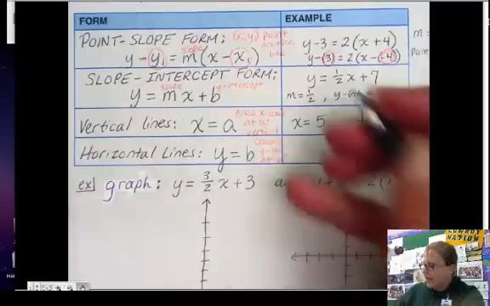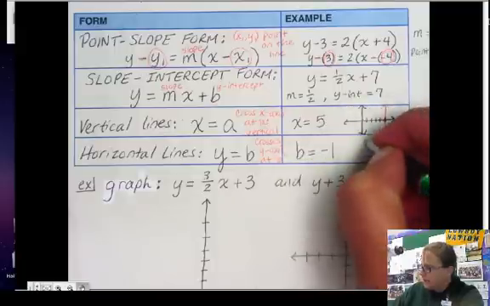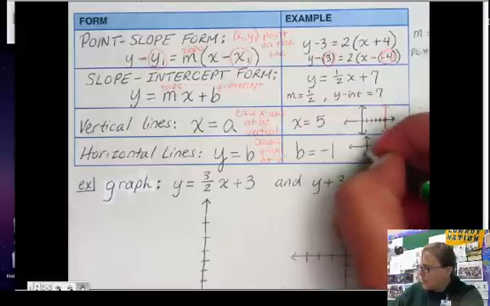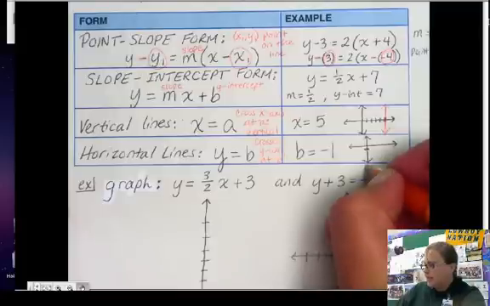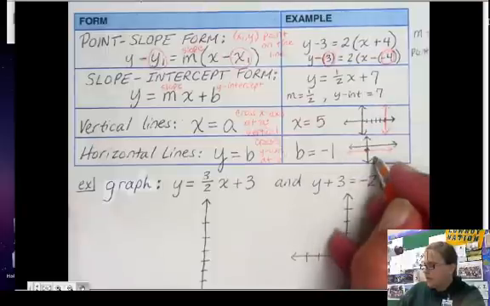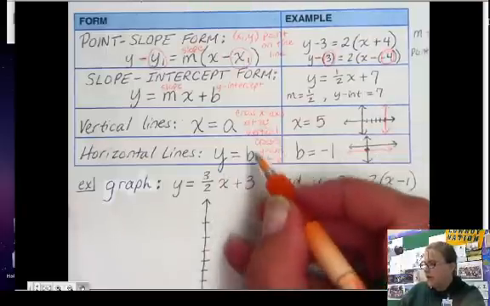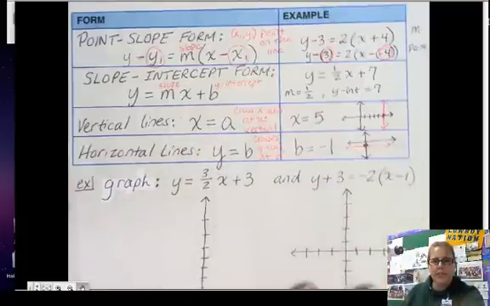So if I say b equals -1, then we cross the y-axis at -1, and you are going horizontal. So the horizontal line is y equals a number, and a vertical line is x equals a number. Okay, so let's do an example here.